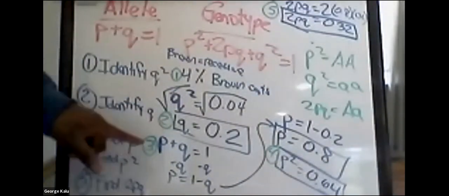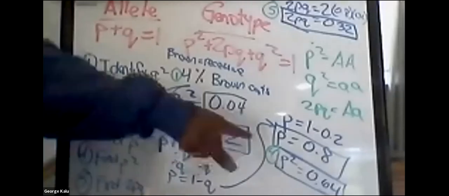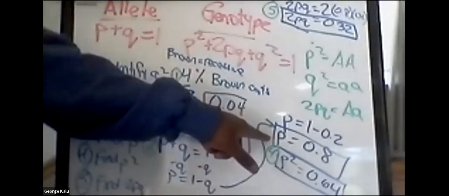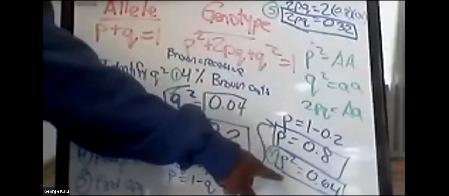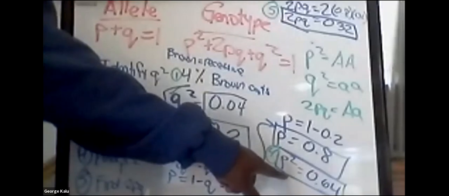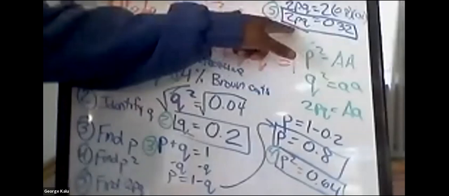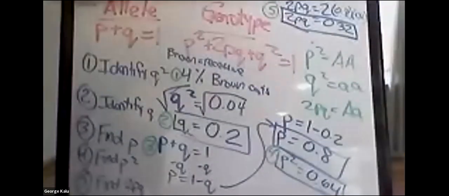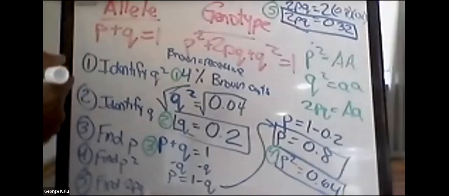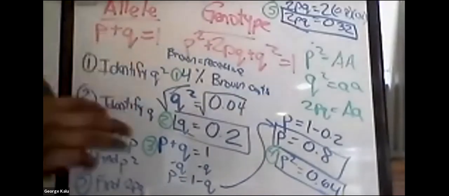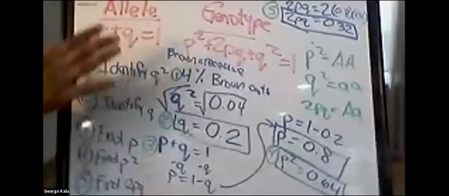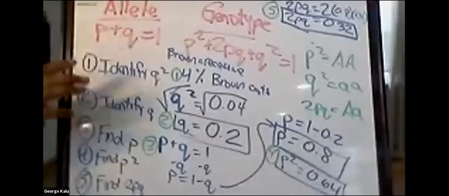The black, the dominant allele, should be present in 80% of the population. 64% of our population should be homozygous dominant, and 32% of the population should be heterozygous. That's what we should be seeing based off of Hardy-Weinberg, assuming there is no evolution occurring.